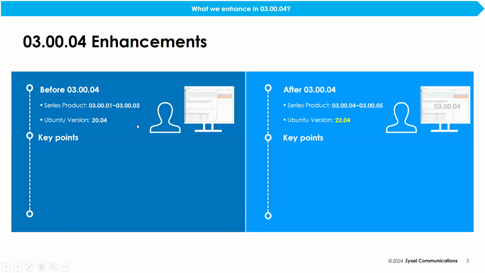Here I also list some key points to show the difference between the new web EMS system and the versions before it. The first difference is that the EMS system before 04 can only support our previous line cards, for example, the GPON line card, the 42A1, and also our previous SGS phone line card.